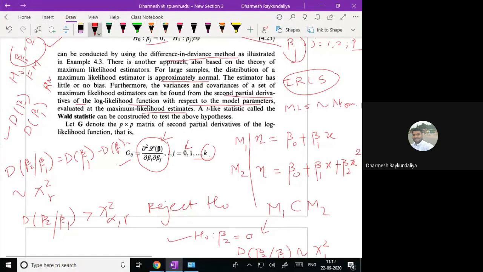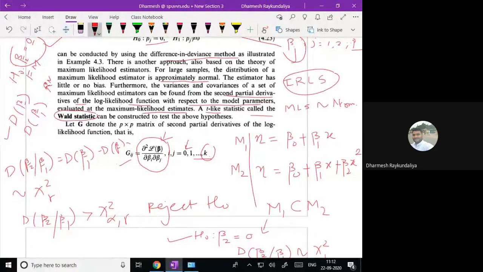If you have the estimate and the standard error of the estimate, of course we know that it is a kind of t-test: the estimate divided by the corresponding standard error, which has approximately a t distribution with the corresponding degrees of freedom. The statistic you calculate is called the Wald statistic, because we have considered the estimate of sigma square as the residual deviance divided by the degrees of freedom.